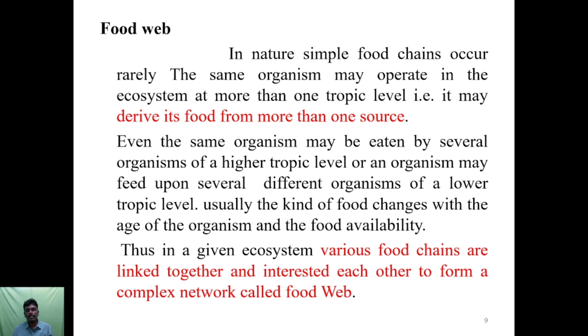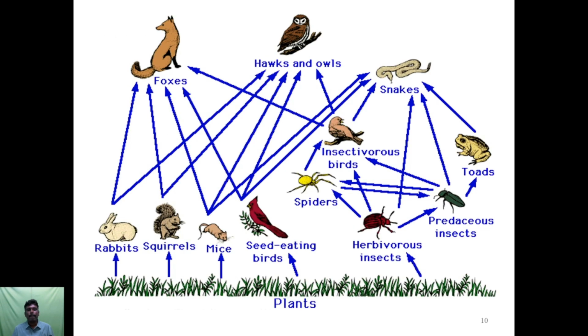So a food web is a complex network linked together in a given ecosystem based on the various food chains. In this picture we can see how the food chains are linked with each other.